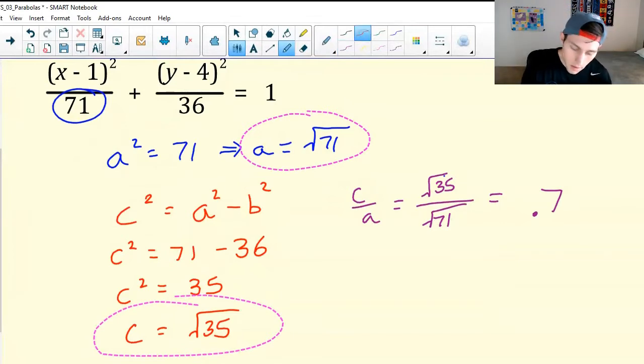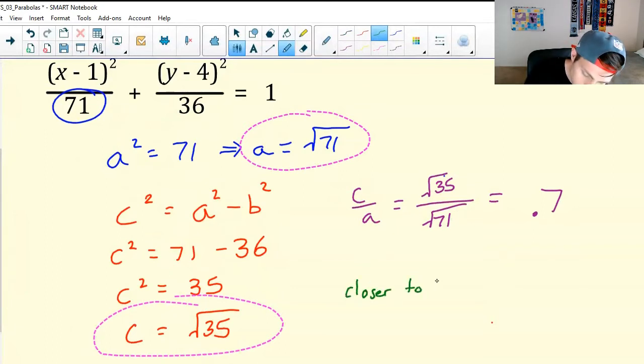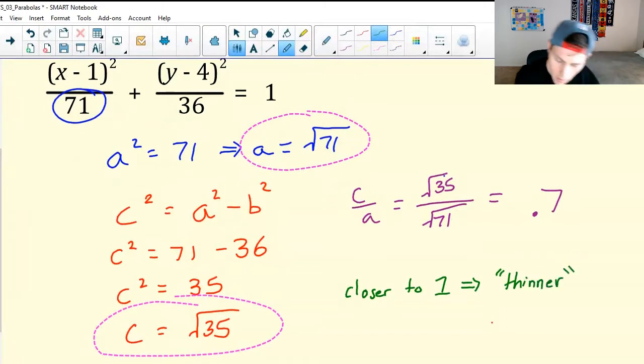Right, now, what can we actually get from this? Why is this information useful to me? What does this tell me about the ellipse? So last time we talked about the closer to 1 that is, the more thin the ellipse will be. So thin in either direction. If it's a horizontal ellipse, then thinner this way. If it's a vertical ellipse, thinner, like kind of tall-wise.